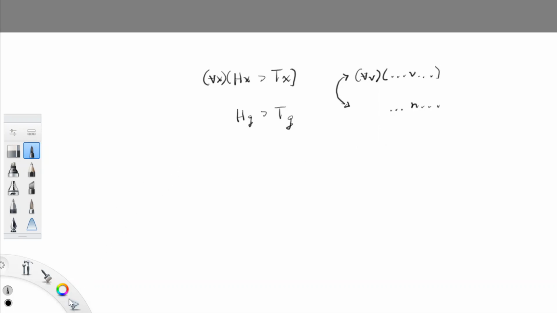One last comment about this. When I talk about a generalization and its instances, I'm just talking about a syntactic relationship between the generalization and its instance.